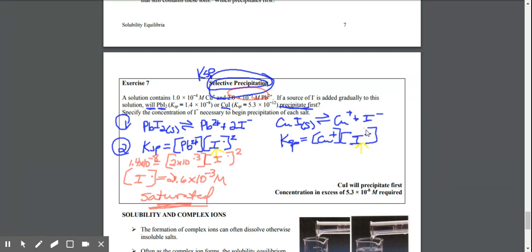Now let's solve for the I minus here. Ksp, I'm going to plug in its value, 5.3 times 10 to the negative 12. Cu+ is equal to 1 times 10 to the negative 4. And I'm going to solve for my I minus.